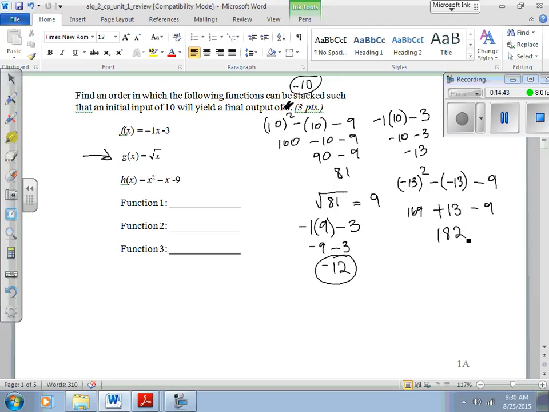Is that right? 182 minus 9 is 173. 169 plus 13 is 182, is that correct? Yeah. Okay, so I'm good right there. How'd you get to 13? We chose this one first instead. So we plug in 10 to that function first.